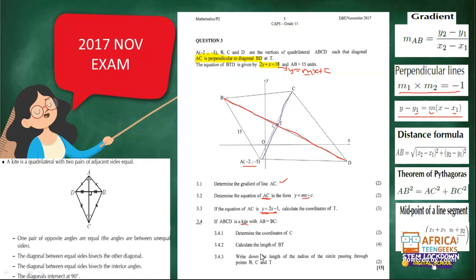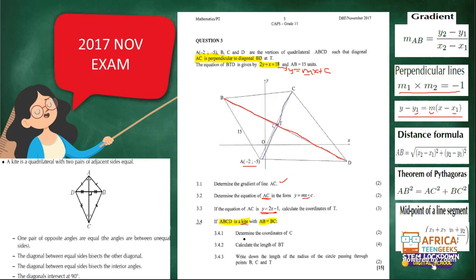They didn't ask us to prove it, they said it is a kite. Before, we didn't know what shape it was. We just knew that it's a quadrilateral, but we didn't know if it was a kite or parallelogram. But now that they've stated it, we can use properties of a kite. So they're stating it's a kite and AB equals to AC.